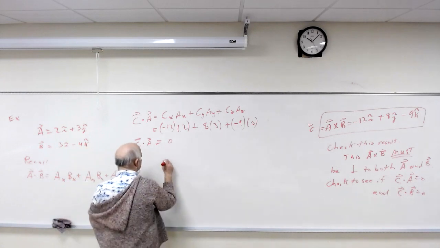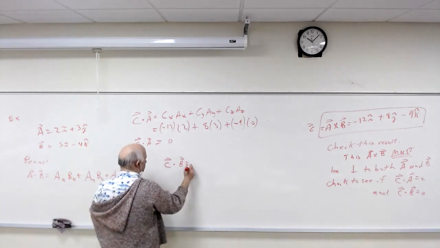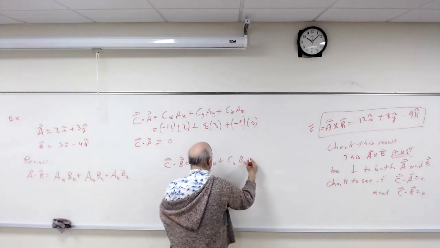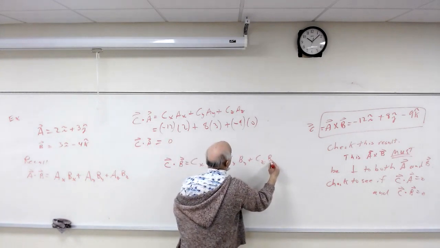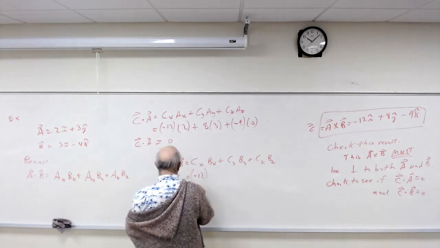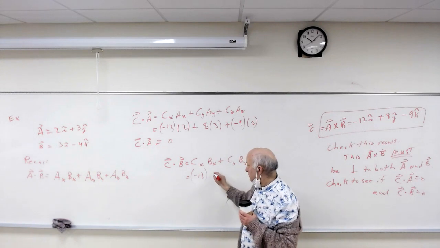Now let's do C dot B. So this is CX BX, this is CY BY, this is CZ BZ. CX is again our minus 12, BX is 3.